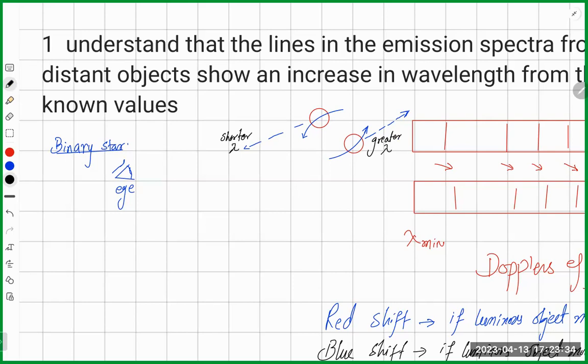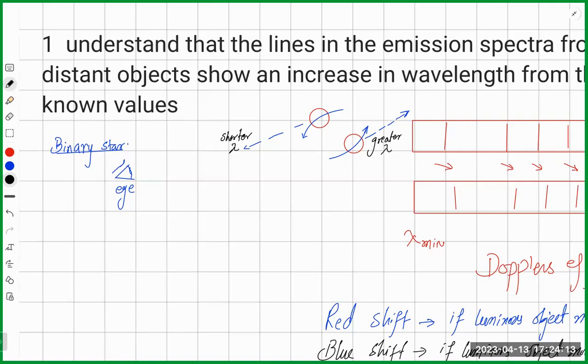So binary stars have one example where we can observe a little bit of blue shift, but everything else, whenever we observe, either those luminous objects are moving away from us, or we are moving away from those luminous objects. In all the observable universe, we always observe bodies moving away.